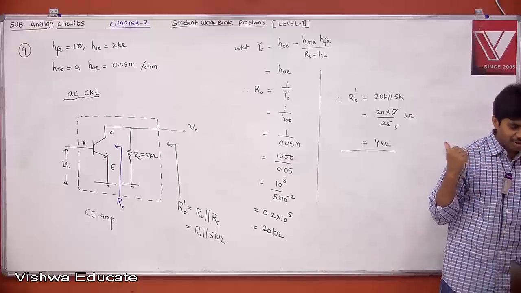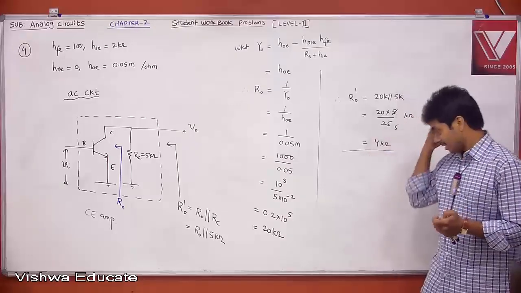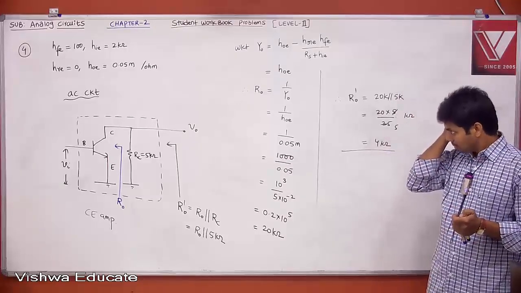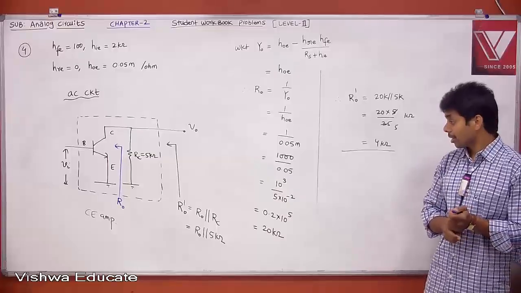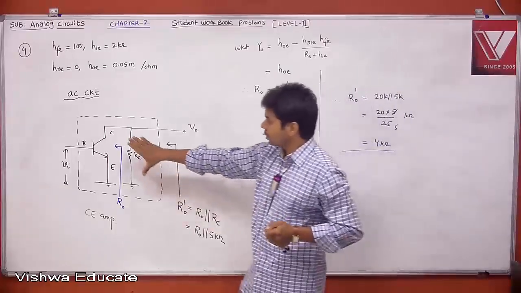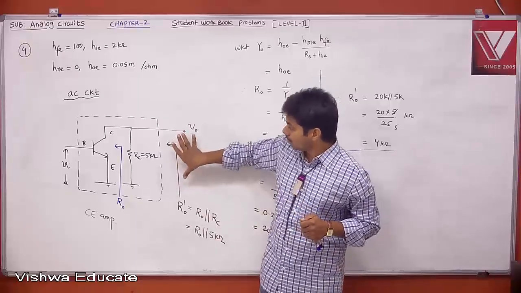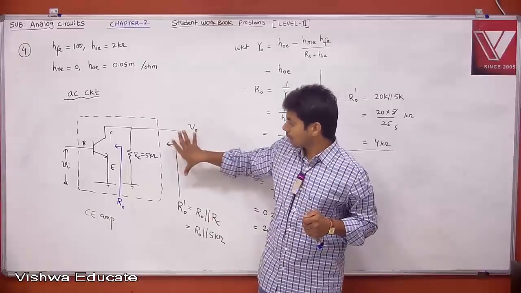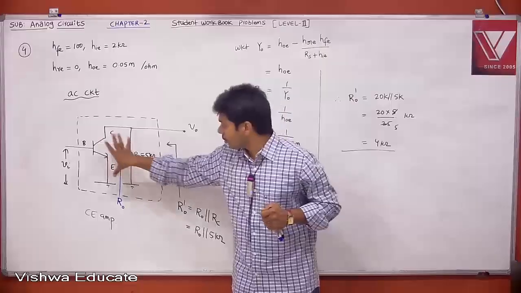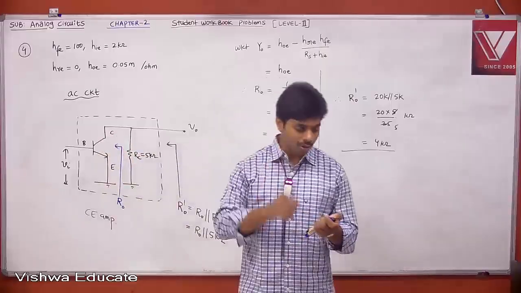See, 20 kilo ohm is also there, so I do not want to confuse you. If you think that this is your output impedance, but according to the representation of the circuit, because the output is defined here, when asking for the output impedance we have to include this 5K also. That is an important point.